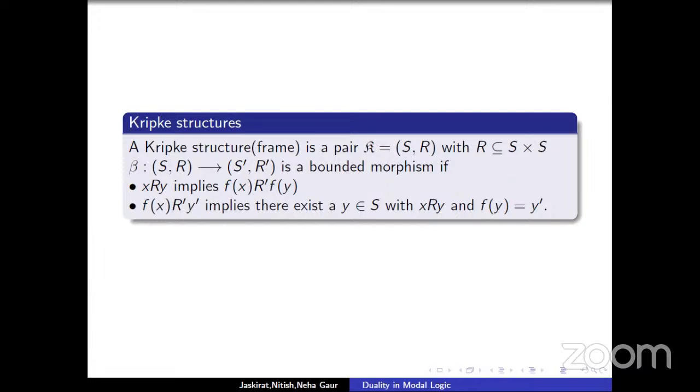By forth, we mean that if x is related to y, this will imply f(x) is related to f(y) in S dash. And by back, we mean if f(x) is related to y dash in S dash, this will imply that there is some y in S such that x is related to y, and f(y) is equal to y dash.